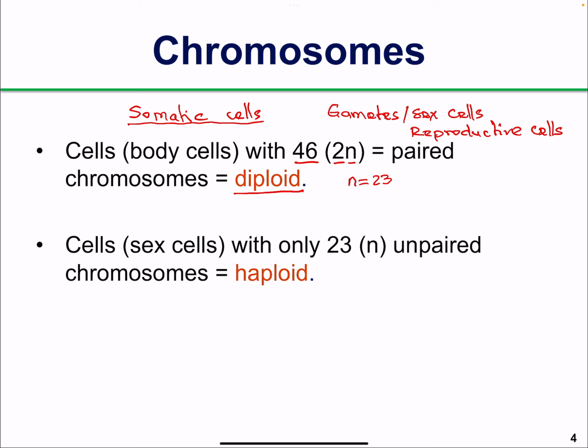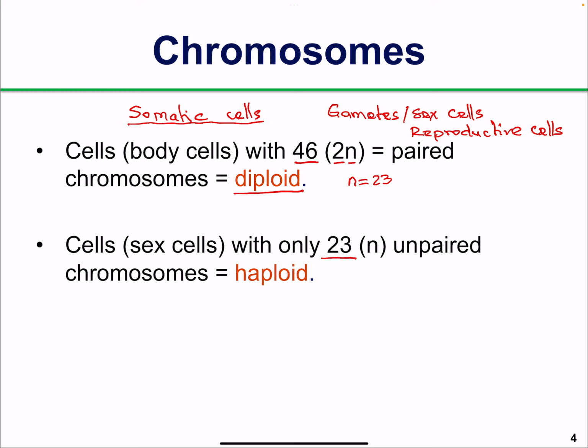Now, on the other hand, reproductive cells or sex cells, also called gametes, contain only half of the number of chromosomes found in somatic cells. They contain 23 chromosomes. A sperm contains 23 chromosomes. An egg contains 23 chromosomes. Obviously, these chromosomes are unpaired, right?